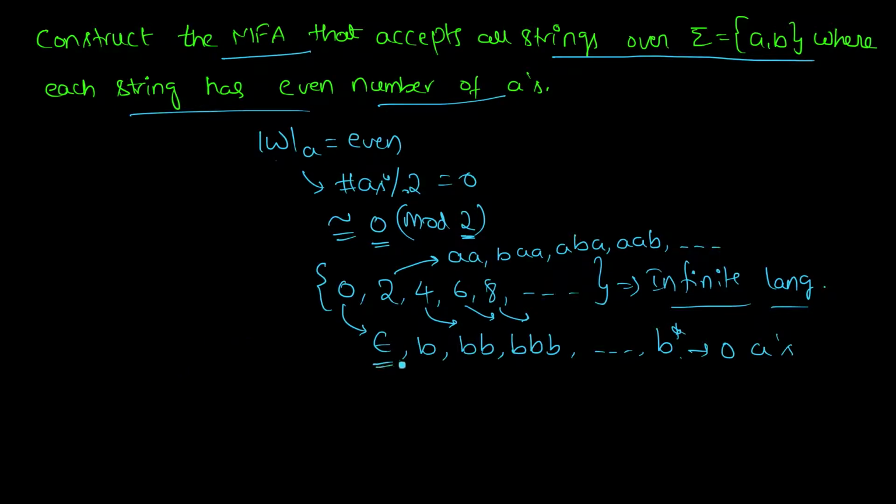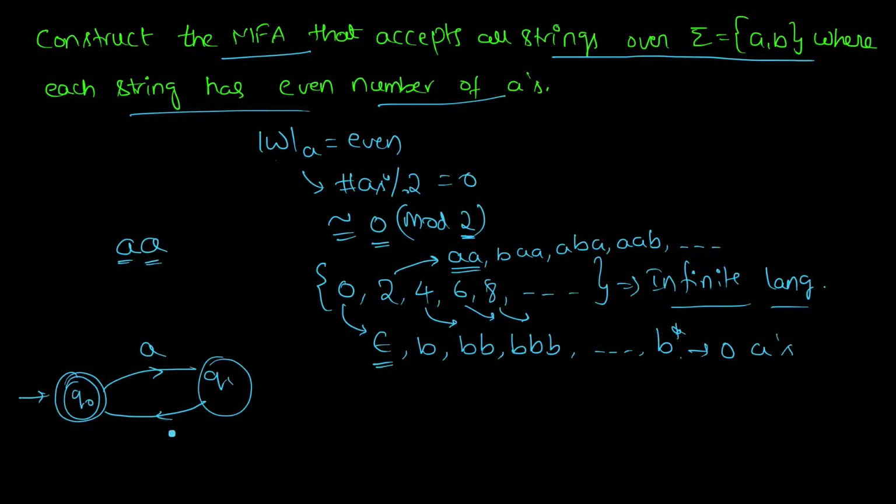Since epsilon is in our language, our initial state will be a final state. Let's say this is Q0. The next minimal string in our language is AA. On seeing A, we go to Q1. On seeing A at Q1, we go to Q0 and accept this string because it has an even number of A's and we have reached the end of the string.